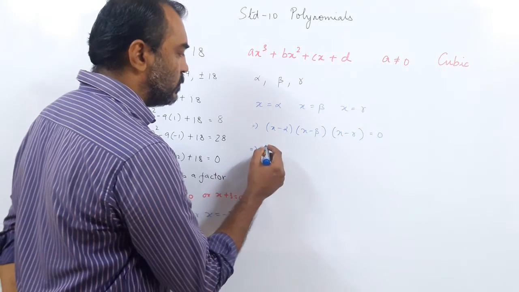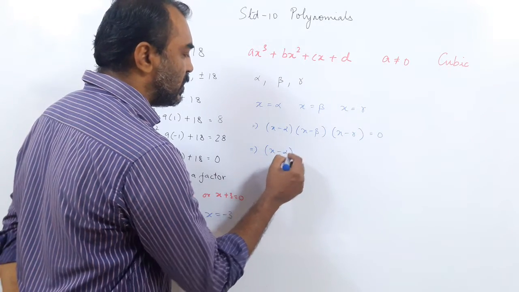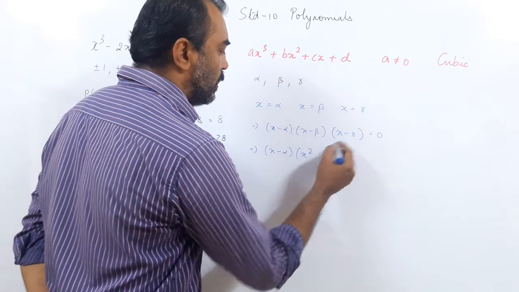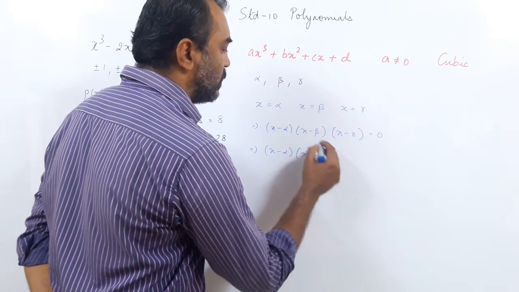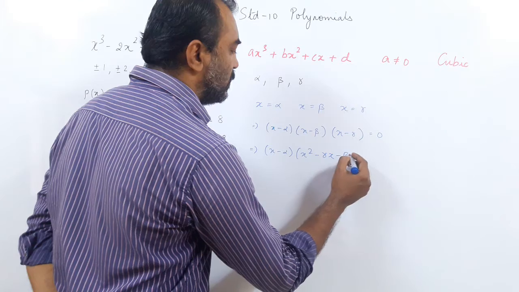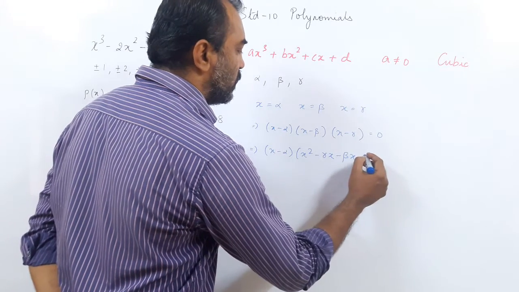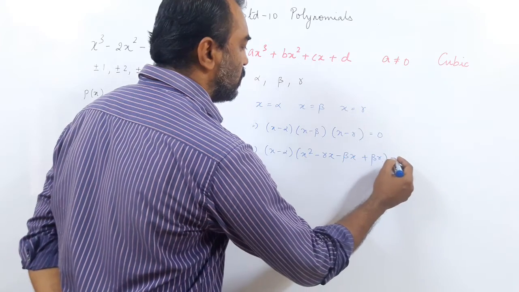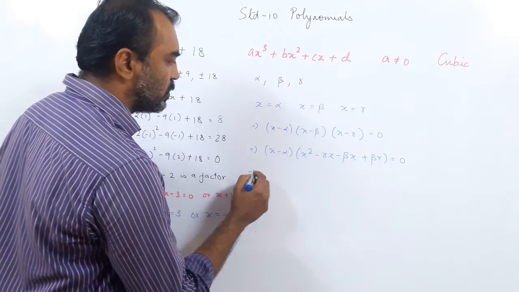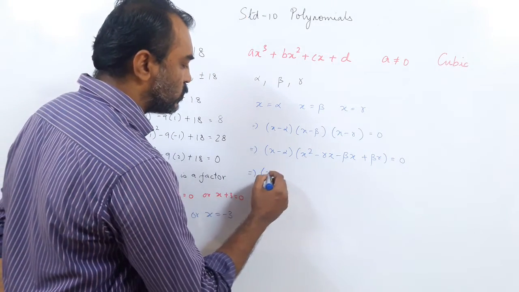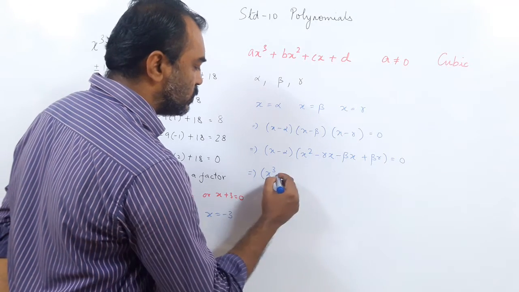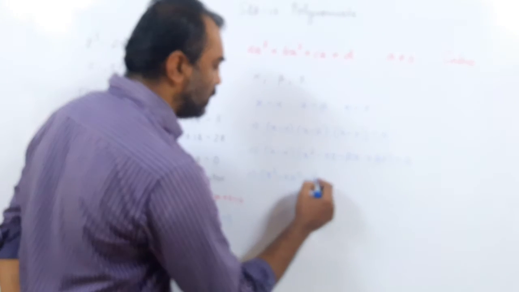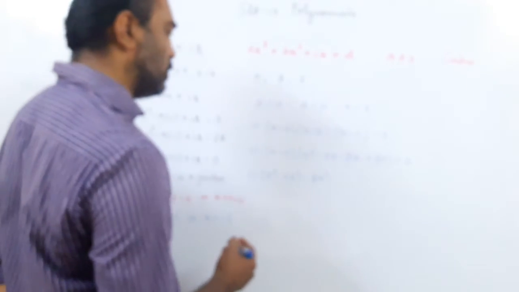Let us multiply. X minus alpha I keep as it is. First I multiply this. X into x, x square. X into minus gamma, minus gamma x. X into beta, minus beta x. And plus beta gamma equal to 0. Now let us open the bracket. X into x square is x cube. This is minus gamma x square minus beta x square.